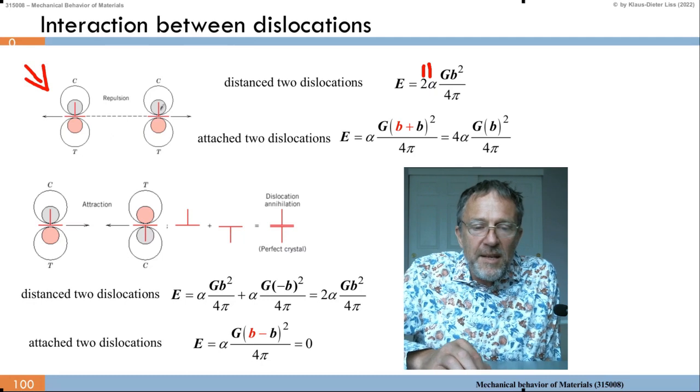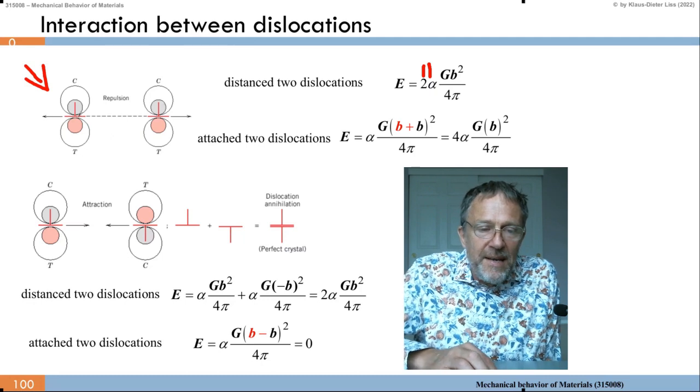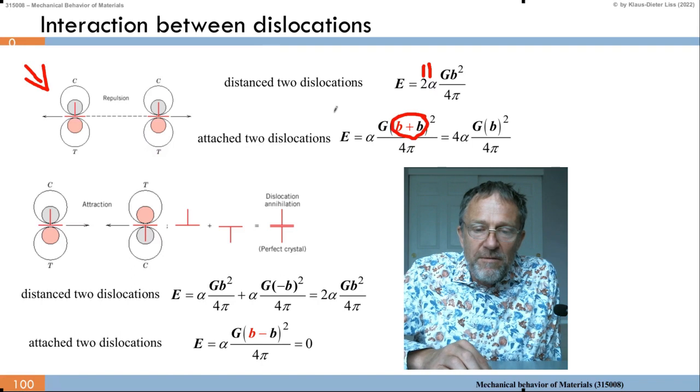Now if I attach them, if I move them to really overlap with the other one, or just put 2 lattice planes into my crystal lattice from the top with respect to the bottom, then I double the Burgers vector if I put 2 lattice planes in. So this is when I put them as close together as I can. It means basically the Burgers vector doubles.